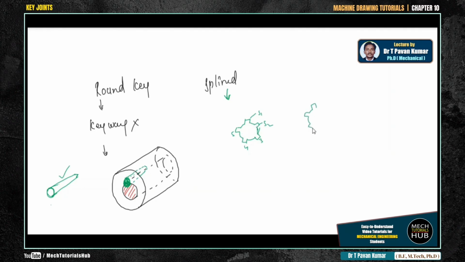Try to understand something of this kind. Let us say this is the hub. Now the internal diameter is not circular; it is a splined, grooved one. We'll place the shaft directly inside, and all the splines will maintain some length.